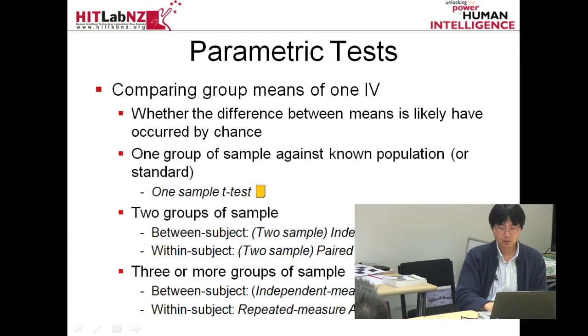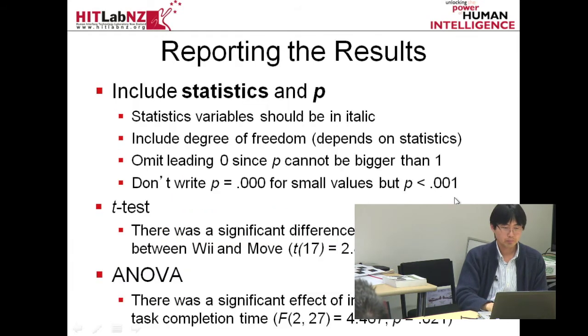Again, these links will give you a step-by-step guide to how to do this test in SPSS. When you run these statistics, it will print out the p-value, and you report those results in this way. When you report it, your statistic variable should be in italic, which means the statistic variable differs between the tests. For instance, for the t-test, the statistic used is called t, from the t distribution.